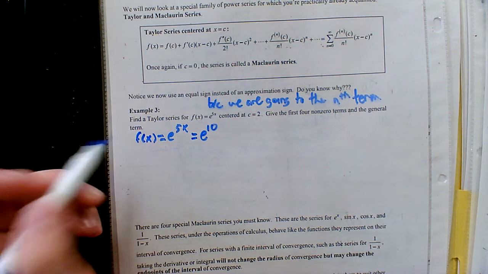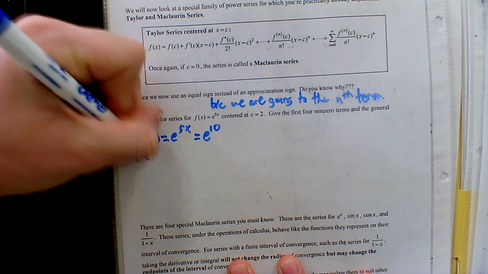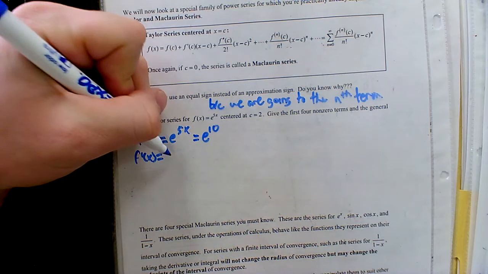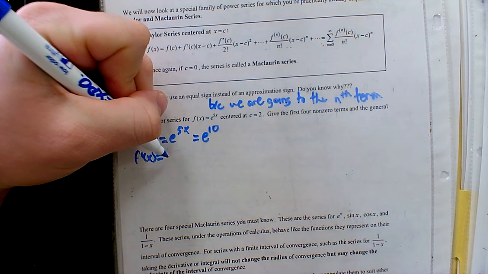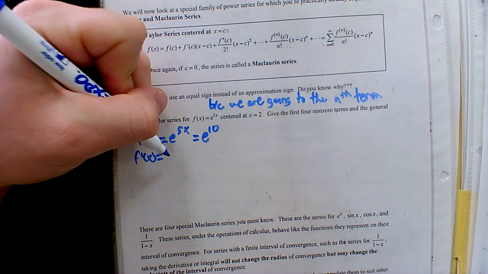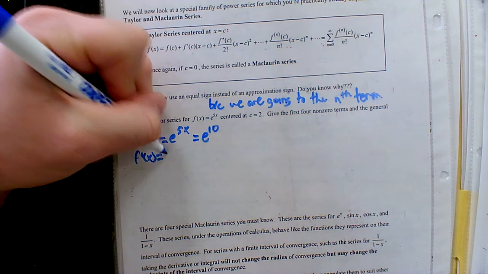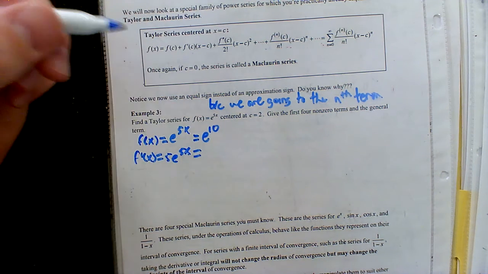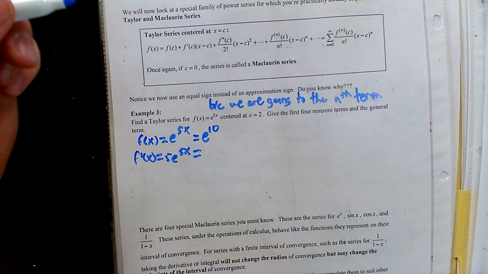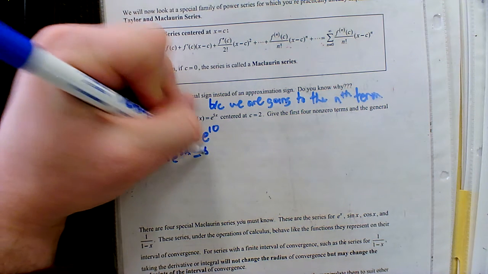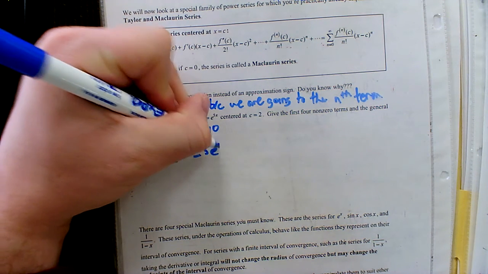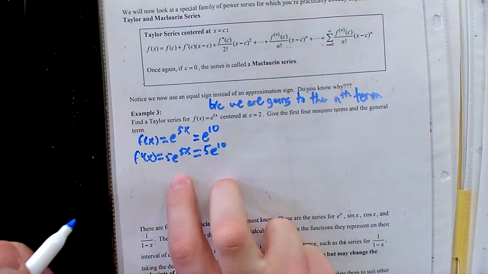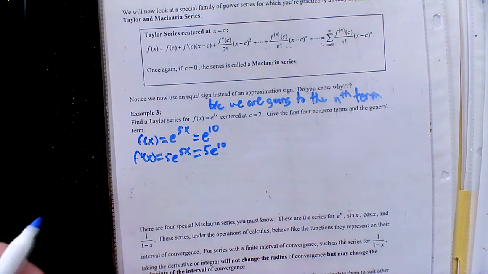So we need to take 3 derivatives. So f prime of x, again very similar to what we did in the last section. Remember, it's itself times the power of the exponent, so 5e to the 5x. Evaluated at the center it is 5e to the 10th. I'm just doing both steps at once, finding the derivatives and evaluating them.